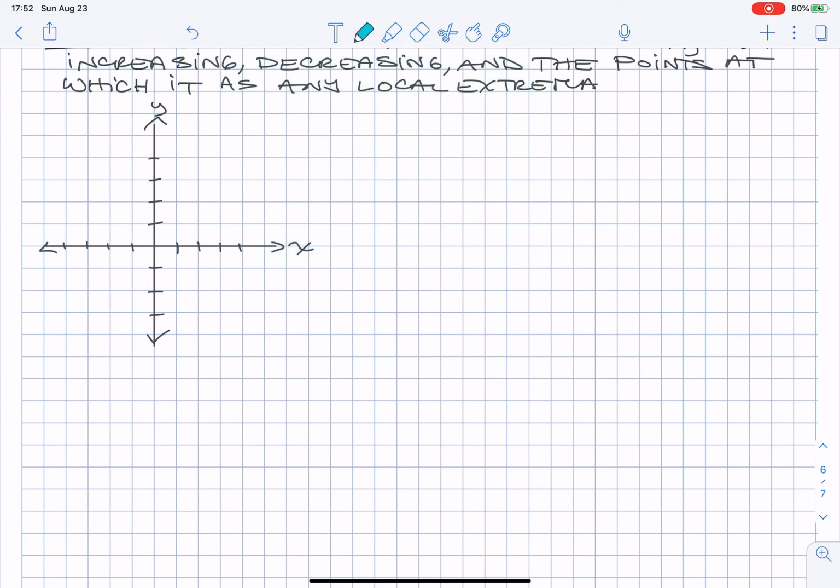So the graph is a point here, a point here, a point here. Terrible graph. Something like that. Okay, so this is my f of x.